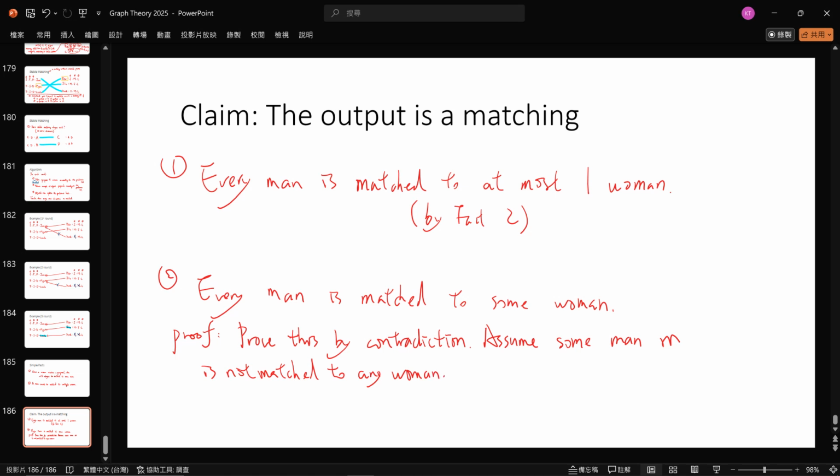And since men and women have the same size, this implies that some woman called W is not matched to any man.